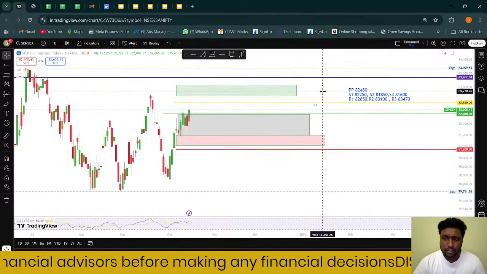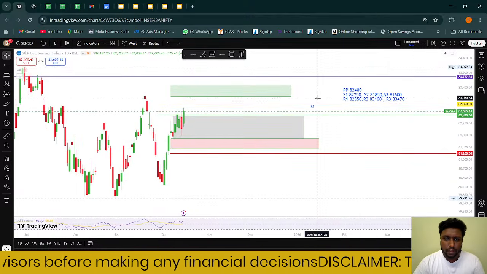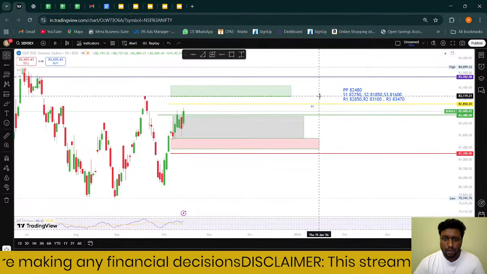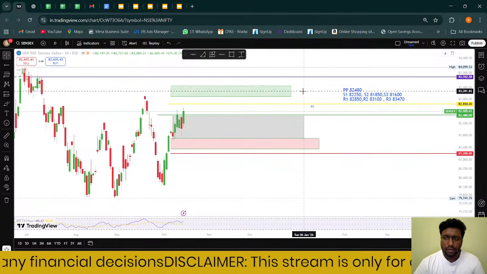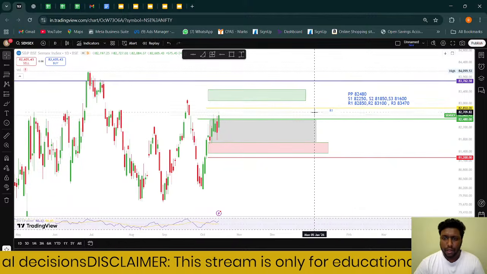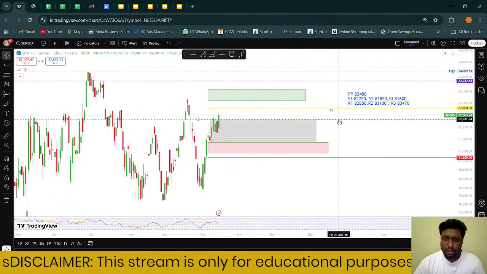But for today's range, with respect to today's pivot point, we consider 83,100 and 83,470 as the bullish zone. We have marked R1 and the pivot level.